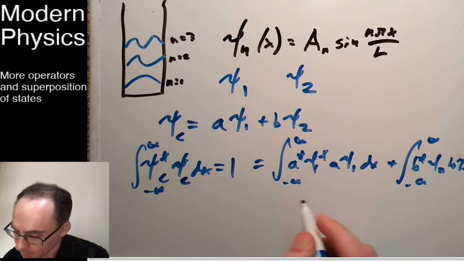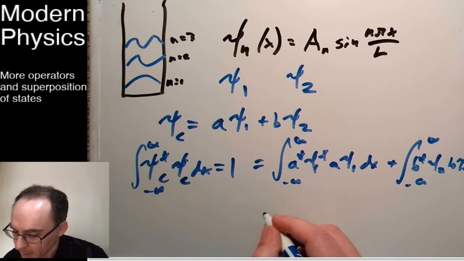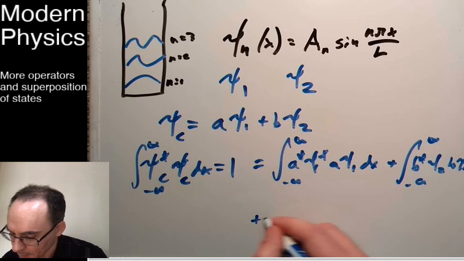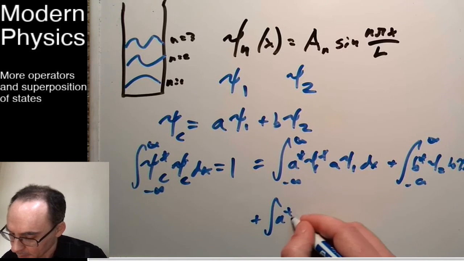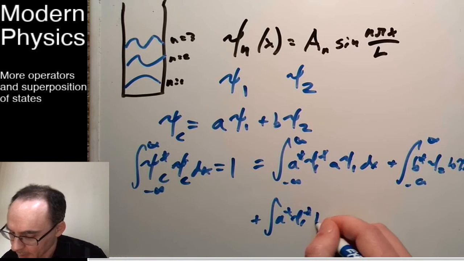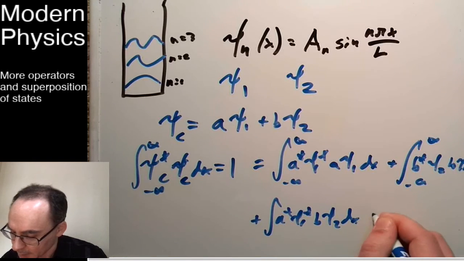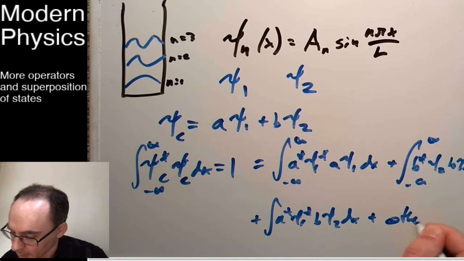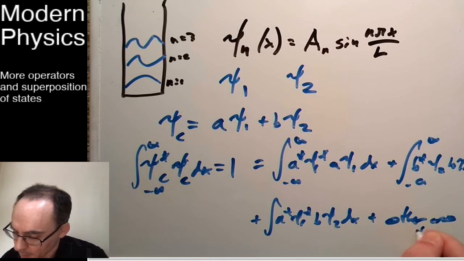Getting a little sloppy over there. And then we get cross terms. We can have A star psi1 star B psi2 dx plus the other cross term. I'm just going to write other cross term.